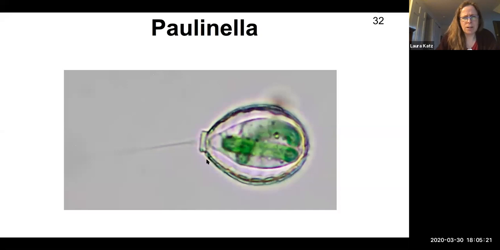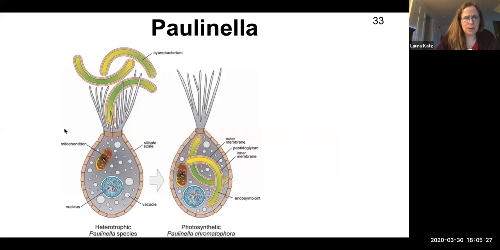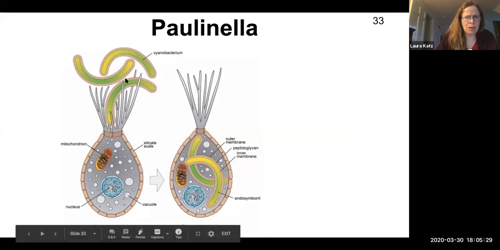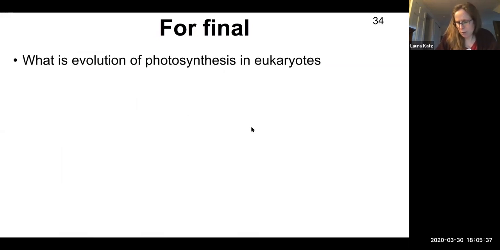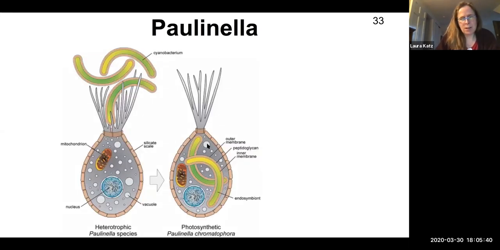Here it is. It is a shell-building amoeba in the Rhizaria territory and has these plastids in it. And the hypothesis is that a shell-building amoeba engulfed cyanobacteria to give rise to this genus named Paulinella, which is photosynthetic.